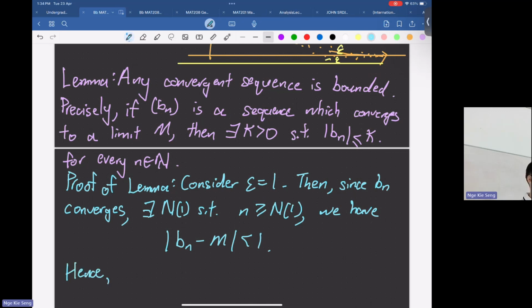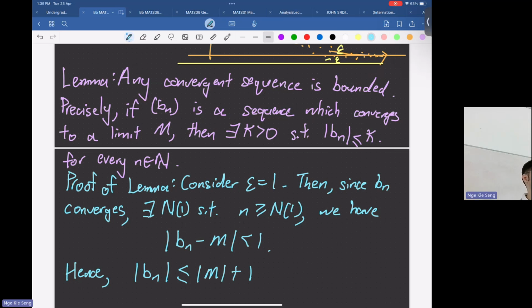Which means what? What does this tell me about the absolute value of Bn? It is less than or equal to the absolute value of m plus 1.